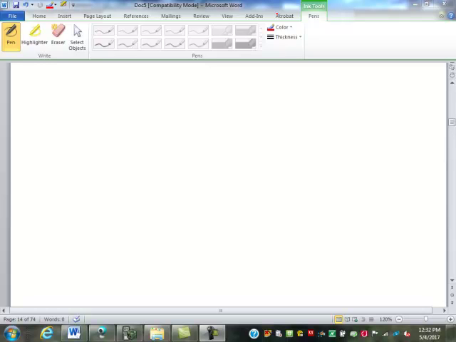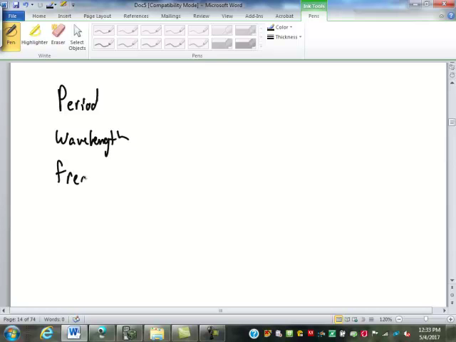So a little recap of what we closed off with on Tuesday. We talked about period, wavelength, frequency. And remember, our abbreviation for period was a capital T. Wavelength was that lambda, the upside down Y looking thing.